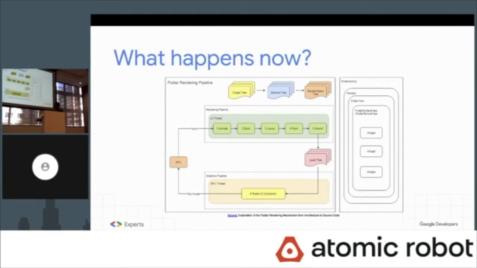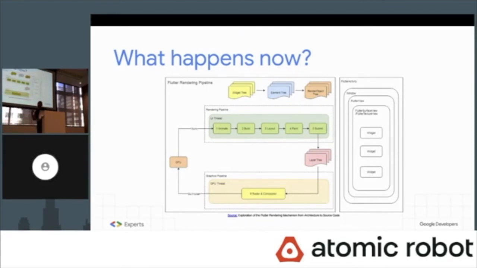Now we have something that is dirty. And what we are expected to do is submit the changes to the rendering pipeline as a layer tree.